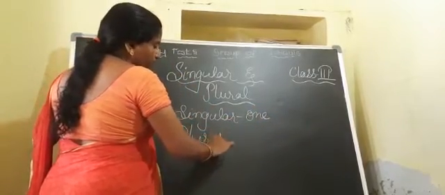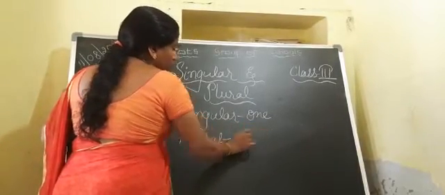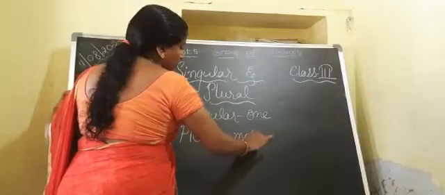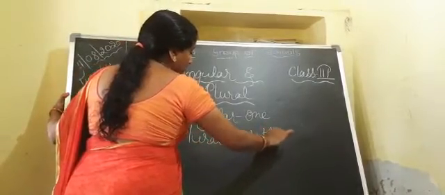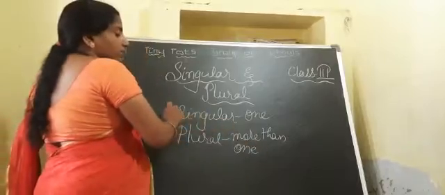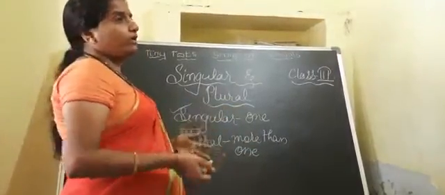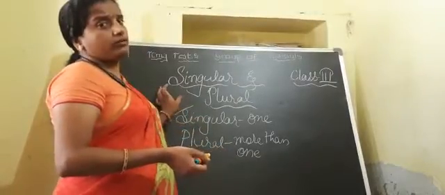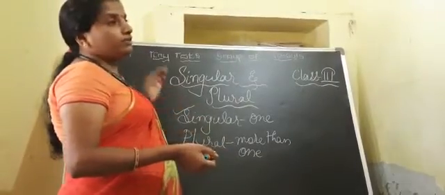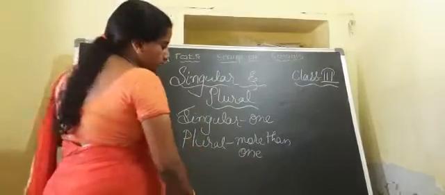It may be two, it may be three, or it may be four. More than one. The noun which represents one thing or one person or one animal is known as singular, and the things which are more than one are known as plural.